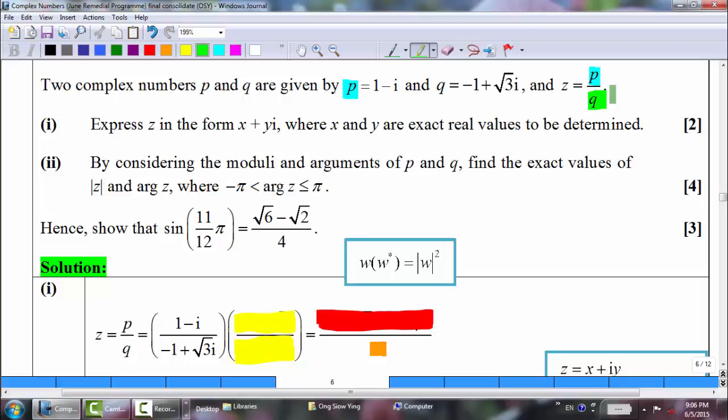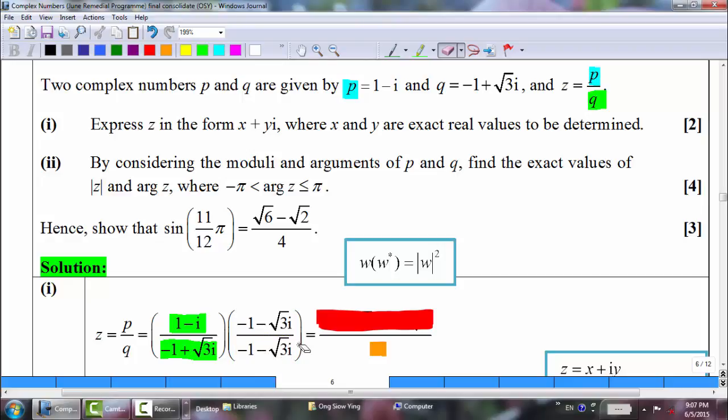So in order to get your Z, you just need to convert this complex number, which looks complicated because it's in fraction form, into the form of x plus iy. The first thing is to get rid of the i in the denominator by multiplying by the conjugate of Q, which is minus 1 minus square root 3 i, in both numerator and denominator.